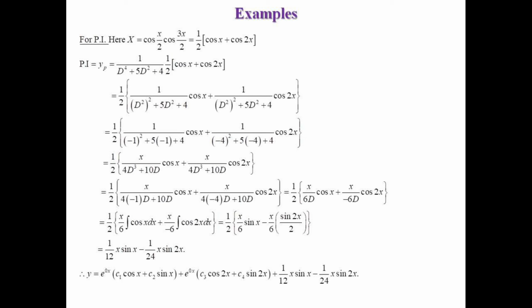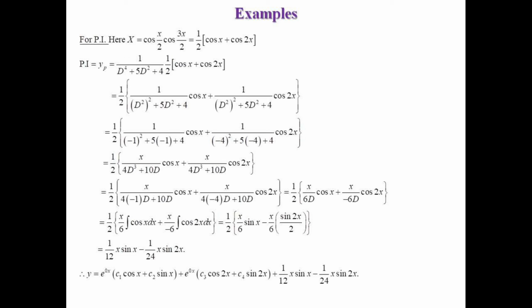So now again as per the cos formula, replace D square by a square with minus sign, but here we get a D cube term. So let's write down D cube as D square into D, and again replace D square by a square. In the first term the value of a is 1, then we get the first term as x upon 4 into minus 1D plus 10D, into cos x. For the second term the value of a is 2.